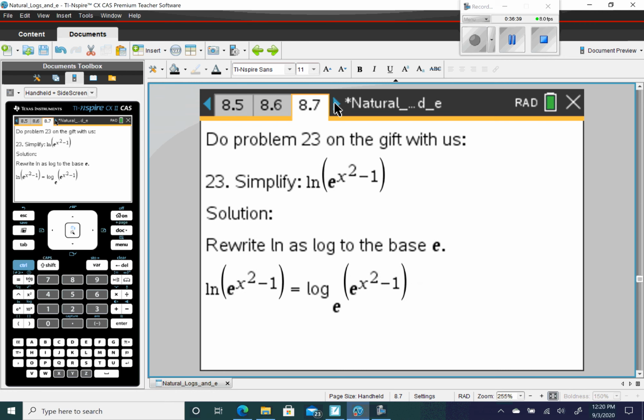Right, and then our last problem, this is the last one I assigned for you guys to do on the handout, and then you'll see when the document ends, it's going to end at page 8.13, and then I'll continue this in another video for the remainder of the assignment for next week.